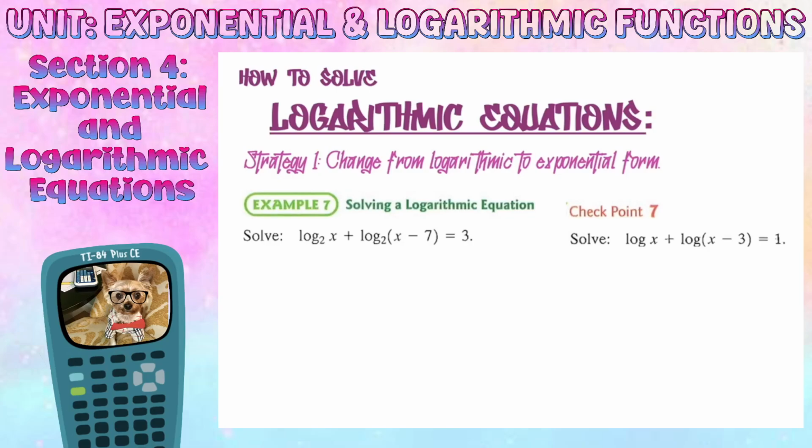Here I have log base 2 of x plus log base 2 of x minus 7, and really you could say there is an invisible set of parentheses around that x, equals 3. From here, as we saw in a previous lesson, when you have a sum of logarithms and they're the same base, I can write that as log base 2 of the product, x times x minus 7, equals 3.